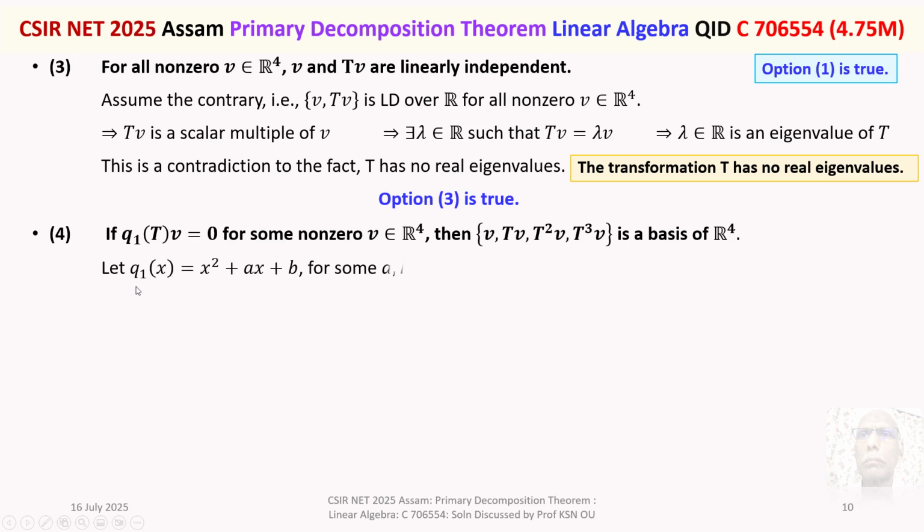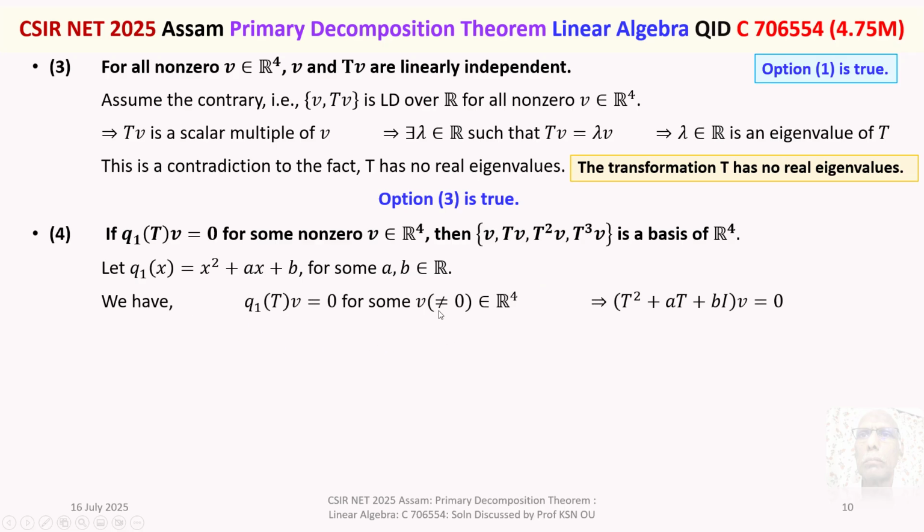Let q1 of x, because it is a quadratic factor, be x squared plus ax plus b, because it is a monic polynomial, the coefficient of x squared is 1, for some a, b belonging to R. We have q1 of T operating on V, for some V not equal to 0 belonging to R^4, which will imply T squared plus aT plus bI operating on V is equal to 0.